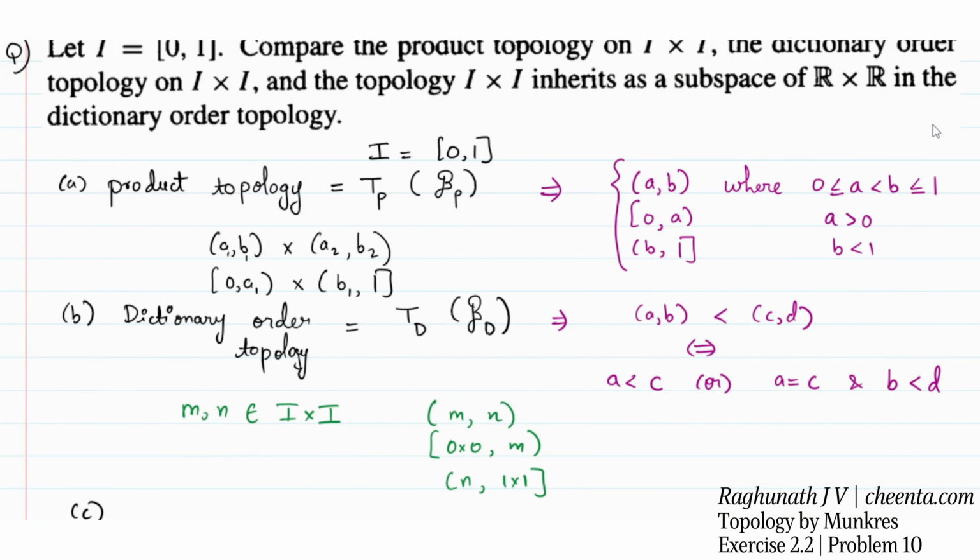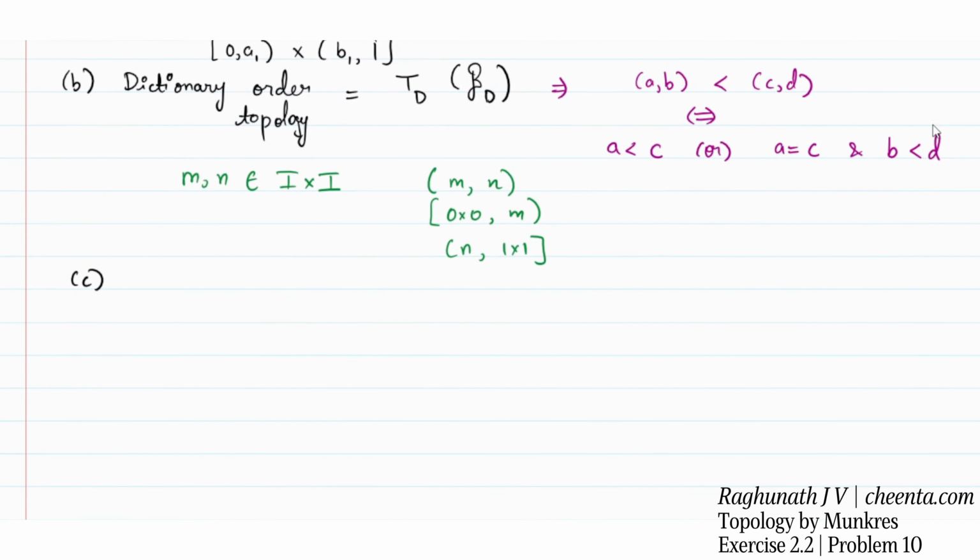In order to realize this, for the subspace of R cross R, you just consider the basis elements of R cross R. What are all the basis elements of R cross R?